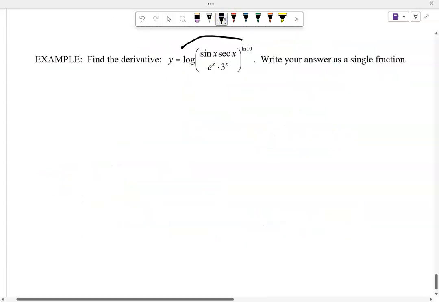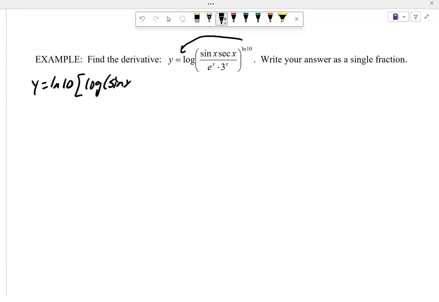Let's go ahead and put that ln of 10 in front here. So we get y equals the ln of 10 times, and then I have log of the top minus log of the bottom. So log of the sine and the secant minus log of e to the x times 3 to the x. So we've got ln of 10.